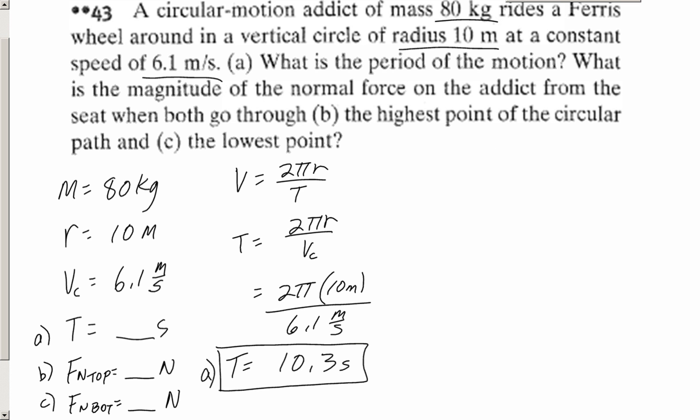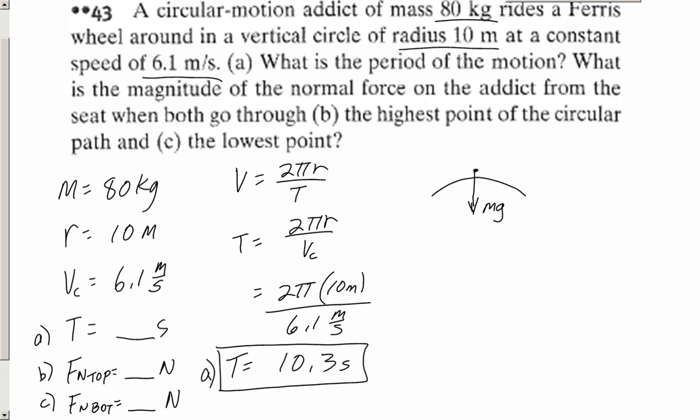Now, the next thing we're going to need to do is to draw a free body diagram at the top. So this would be the guy sitting on the top of the Ferris wheel. And obviously, the force acting downward on the person is the weight.